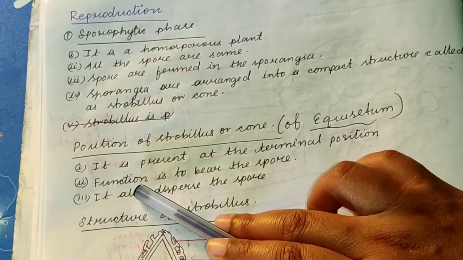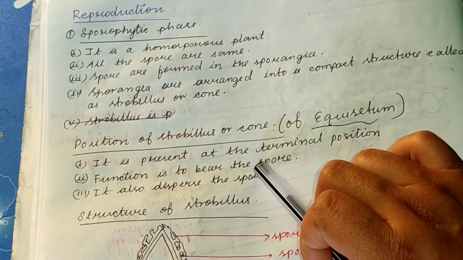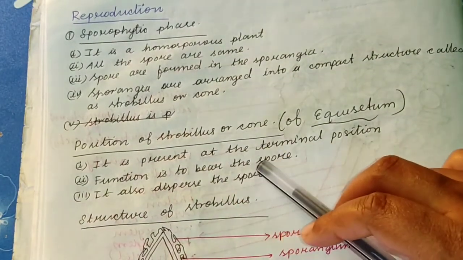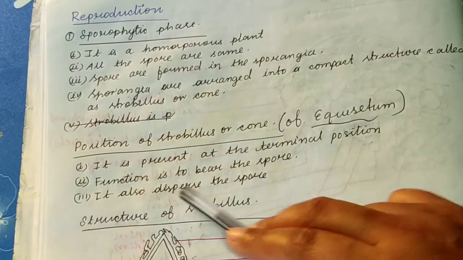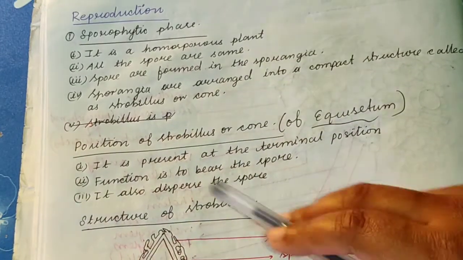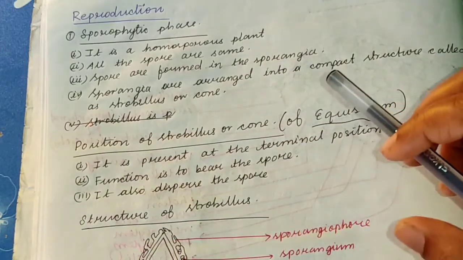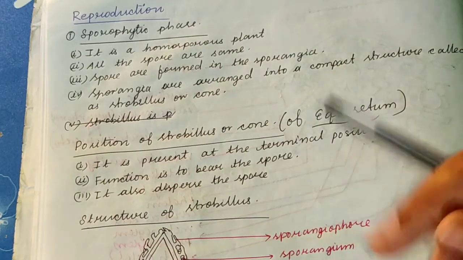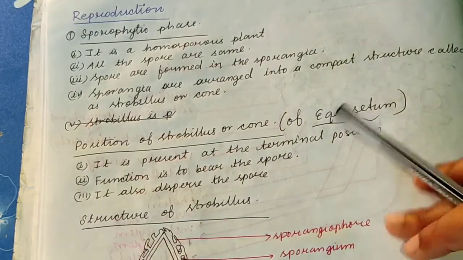The function of the strobilus is to bear the spores. It also disperses the spores. So the strobilus not only bears the spores but also disperses them.